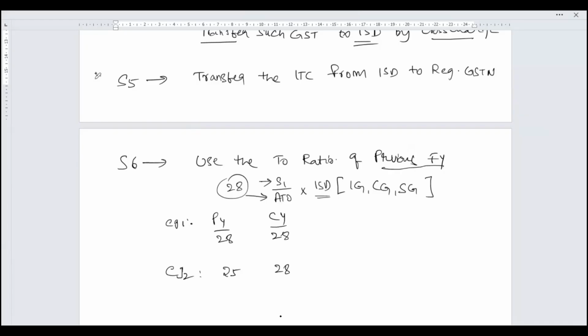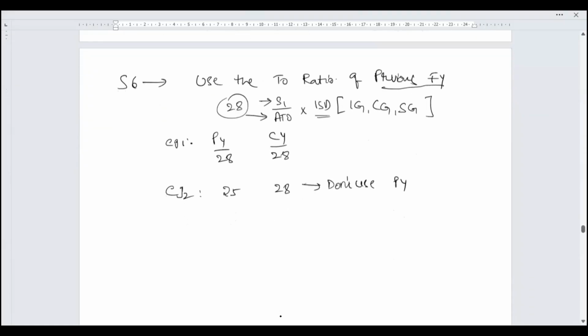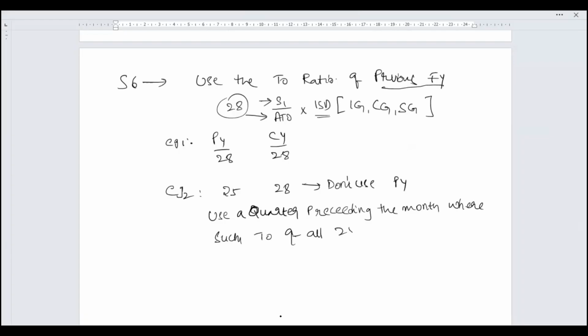Then they say, don't use previous year ratio. Rather, use a quarter preceding the month where such turnover of all 28 states exist.